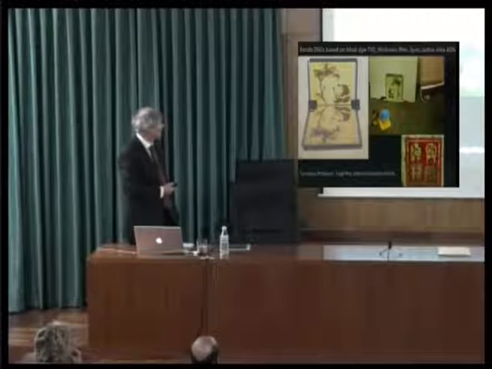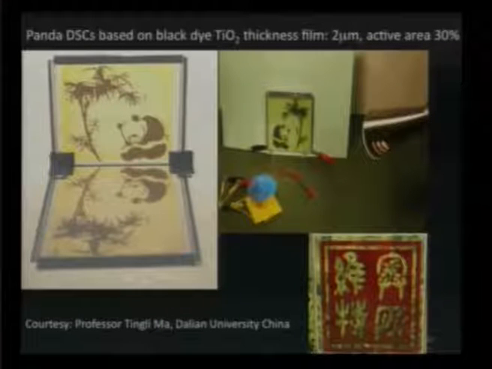So somebody, Professor Ma, I just saw her in, what was that in? Yeah, in the United States. And she has made the first Chinese motive, which is a dye-sensitized solar cell written in Chinese. And she had the idea to use a black dye to make this panda bear that would use electric power.